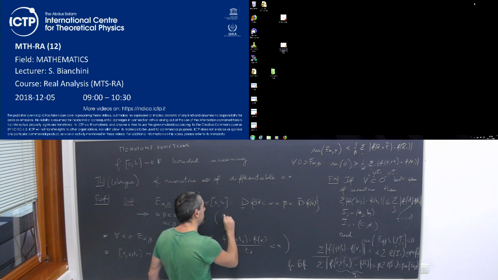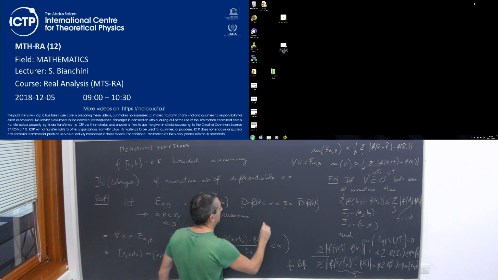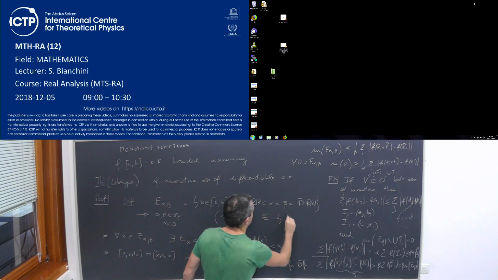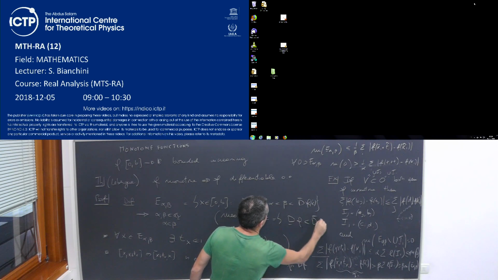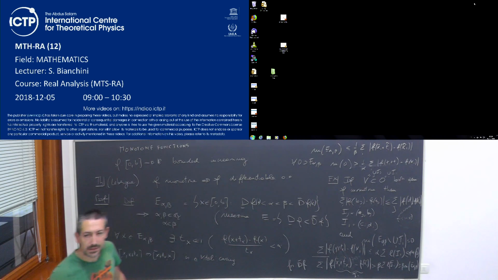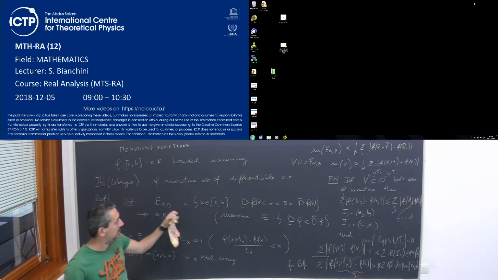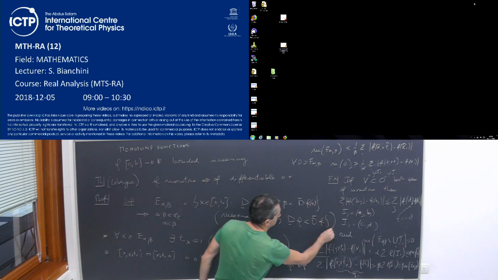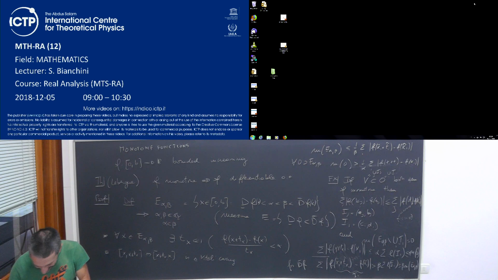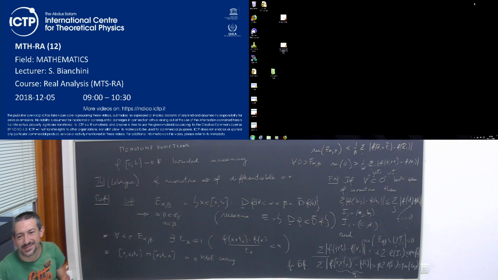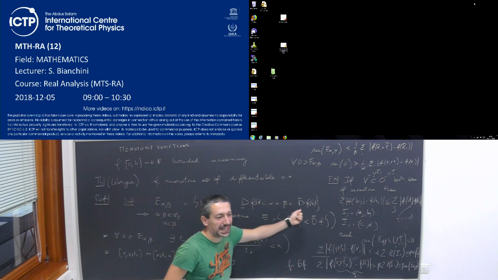Because I want to measure the set E. The theorem states something about this set, not about this set. It is the union of these. Clearly, if they are different, there is some alpha and beta such that they are different.